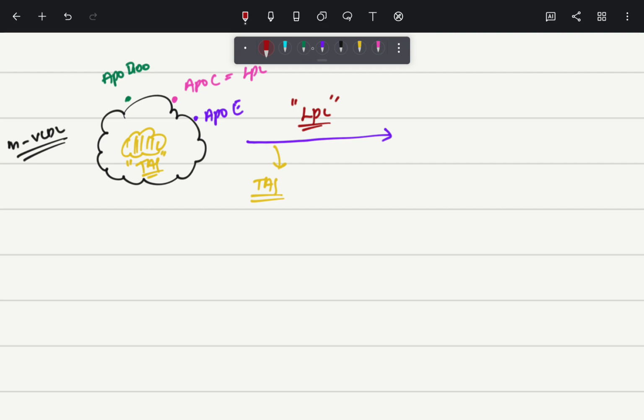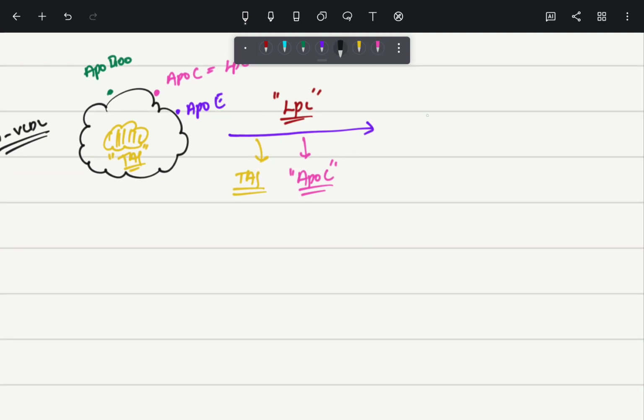And not only that, the apoprotein C will also get extracted.